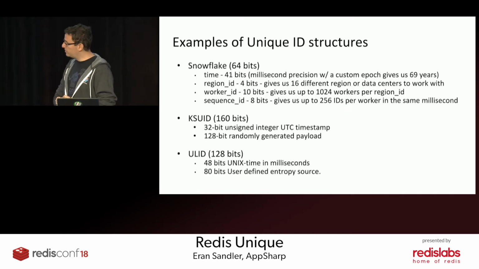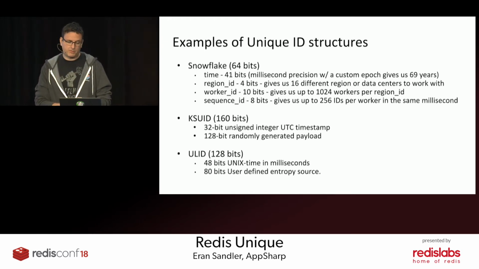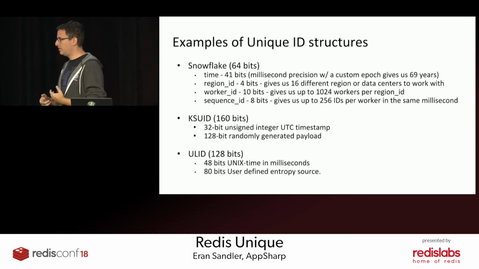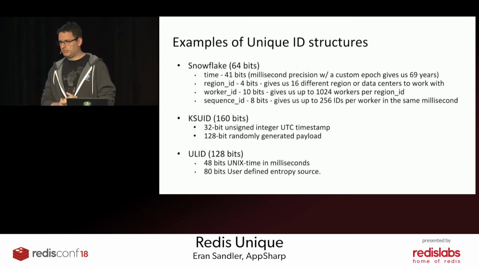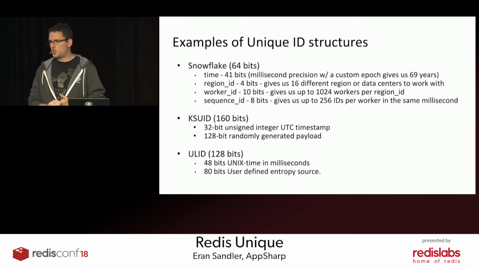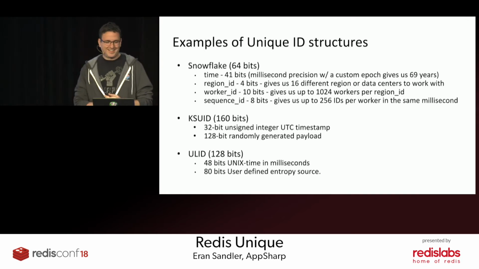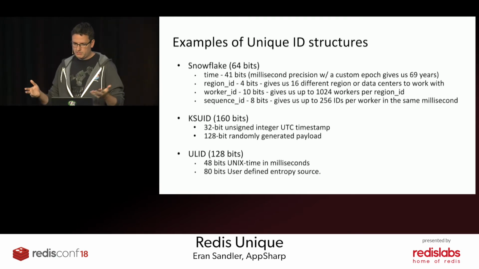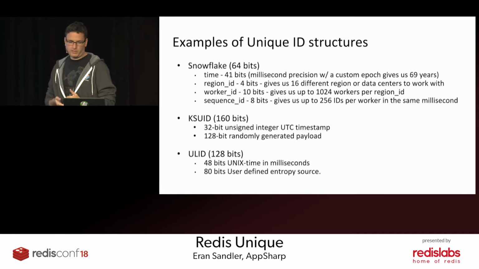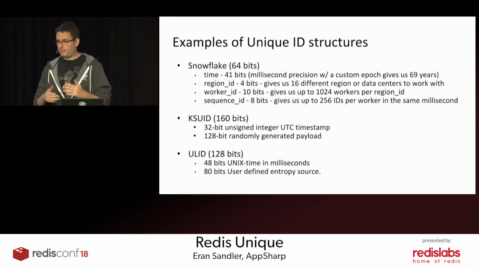And these are a few examples of unique ID structures. I think it's not the most common, but it's one of the first ones that generated this whole thing. It's called Snowflake. Twitter started it in like 2010-ish. I'm not sure they're still using the exact version of it. It's a 64-bit number that is constructed out of a few things. They have 41 bits reserved for time, so they have millisecond precision.